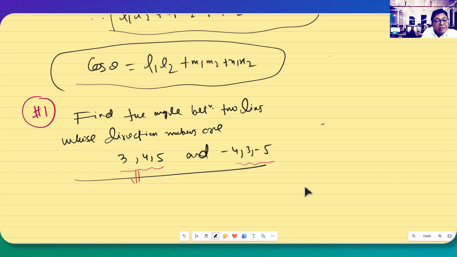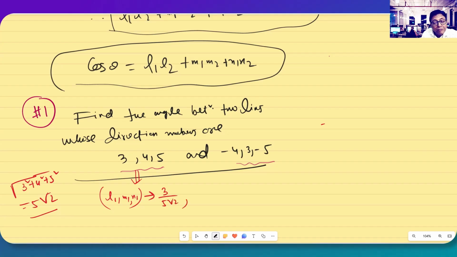See here in this case, L1, M1, N1, the direction cosines going to be what? 3 square plus 4 square plus 5 square is nothing but root 50 means 5 root 2. So direction cosines will be 3 by 5 root 2, 4 by 5 root 2 and 5 by 5 root 2. What about this one?